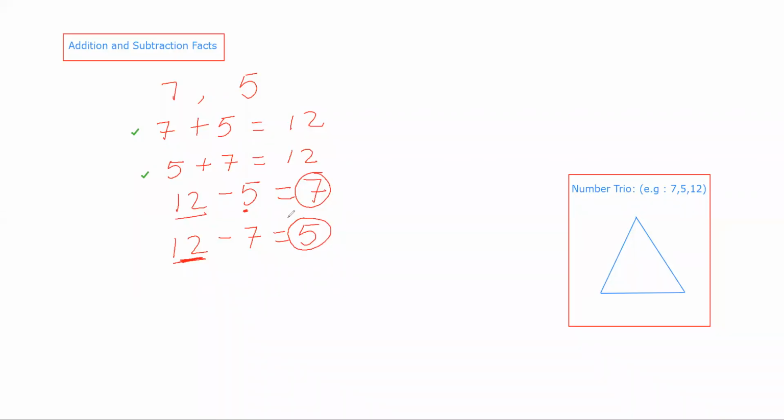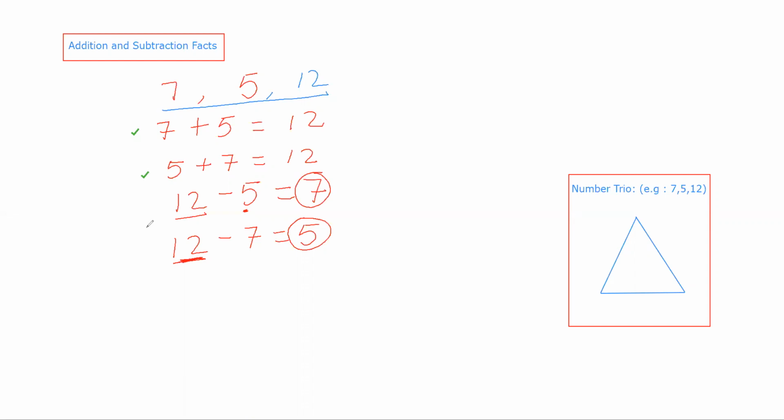Okay. So when I have my number trio as 7, 5 and 12, from these three numbers, I could find 4 addition and subtraction facts: 2 from addition and 2 from subtraction. Okay.